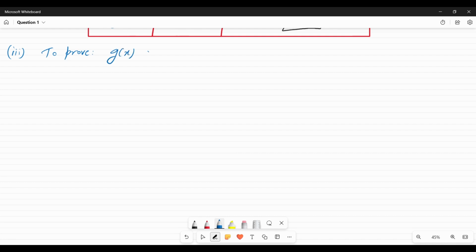Now in the third question, we have to prove g(x) does not satisfy the FPT in [3, 4].